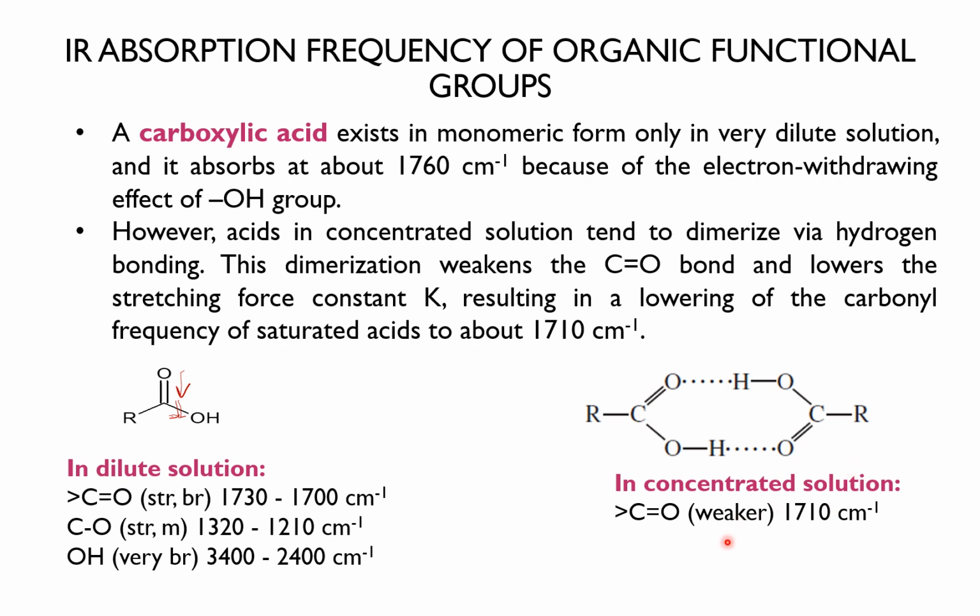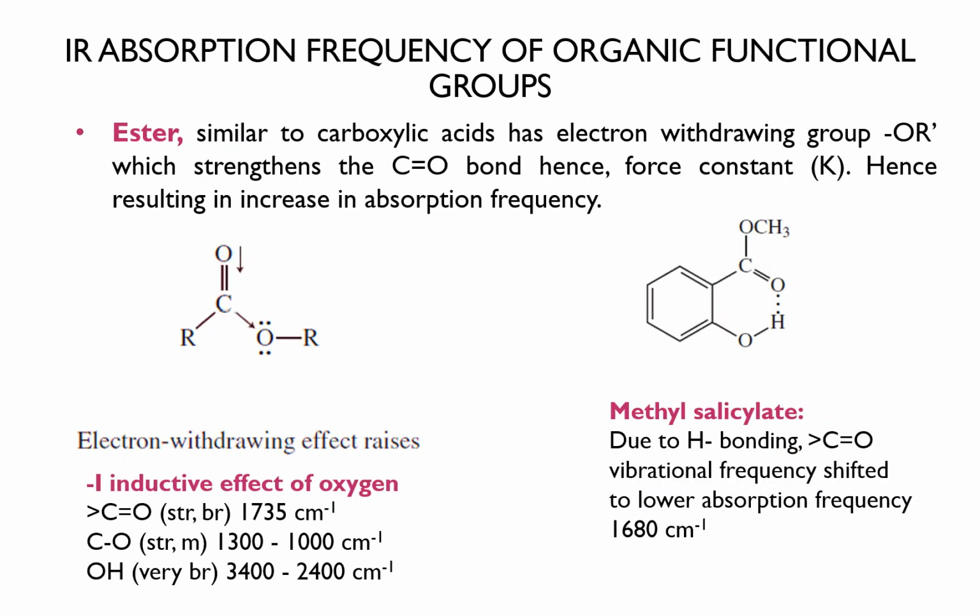So there will be lowering of the carbonyl frequency, which is 1710 centimeter inverse, as compared to diluted solution. So a dilute solution of carboxylic acid shows higher carbonyl stretching frequency as compared to concentrated solution.